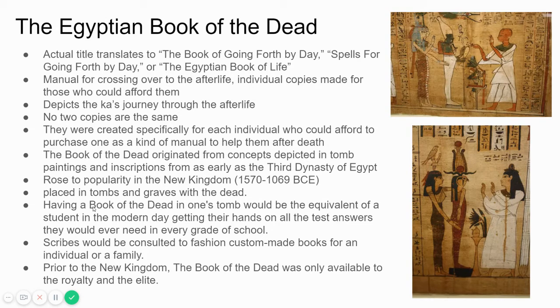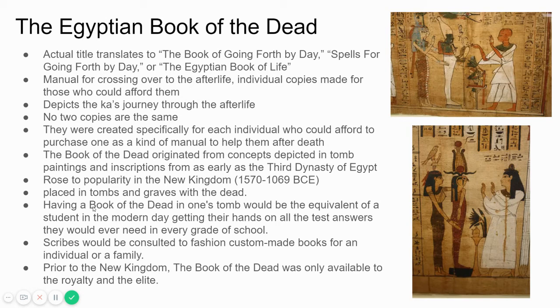It basically depicts an individual's ka and helps, like I said, be their roadmap through the afterlife. No two copies are the same. So when you have one of these roadmaps made, you kind of commission them.